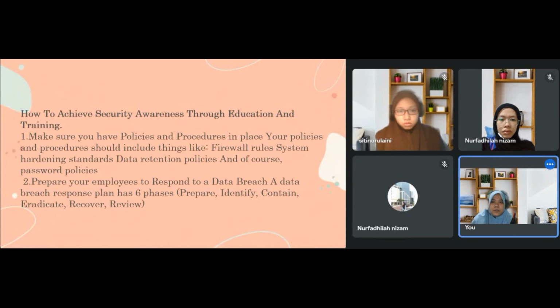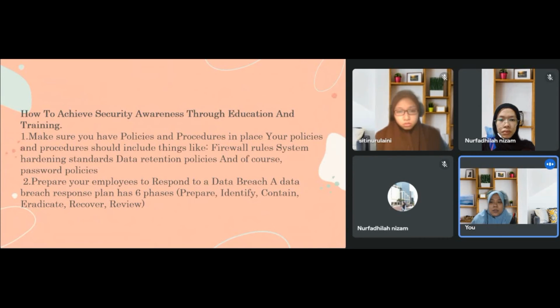How to achieve security awareness through education and training. We as an organization must have policies and procedures in place, including firewall rules, system hardening, data retention policies, and of course password policies.